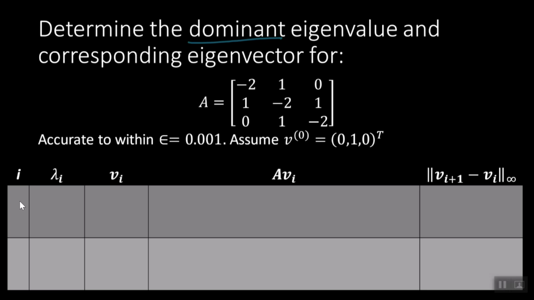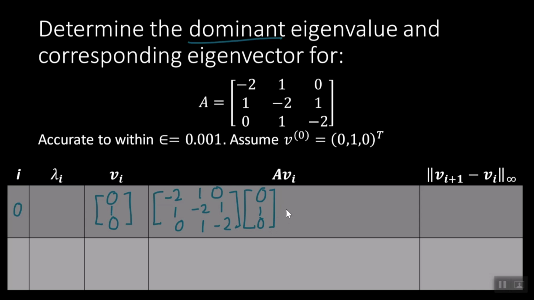We will start with i equals 0. V naught, the initial vector, is given as 0, 1, 0. And in the second step, we could calculate AV naught, which is matrix A given as -2, 1, 0, 1, -2, 1, 0, 1, -2, multiplied by 0, 1, 0.